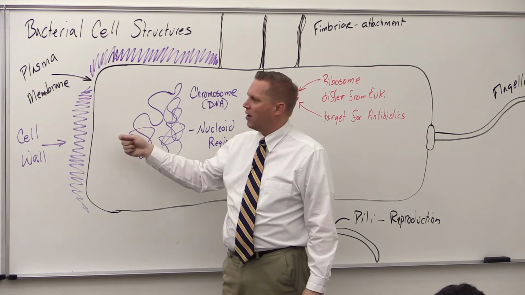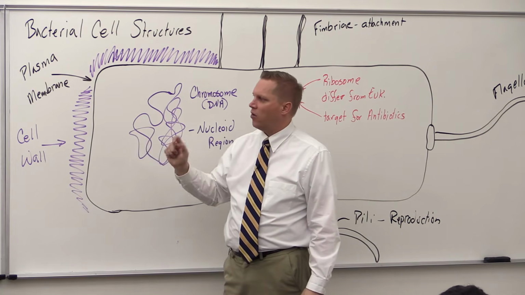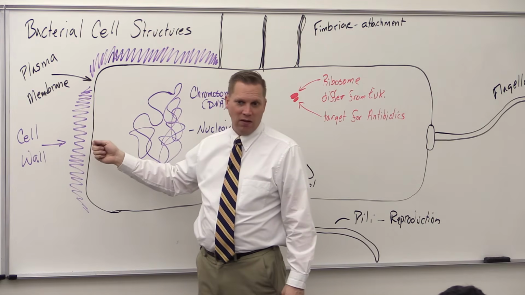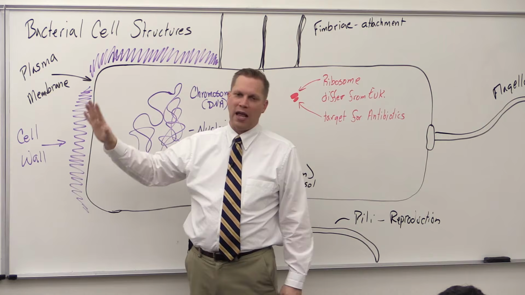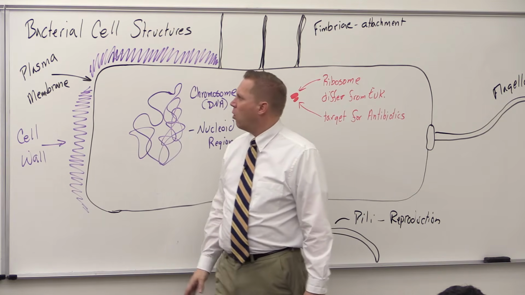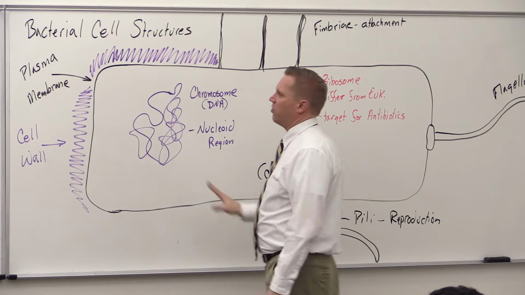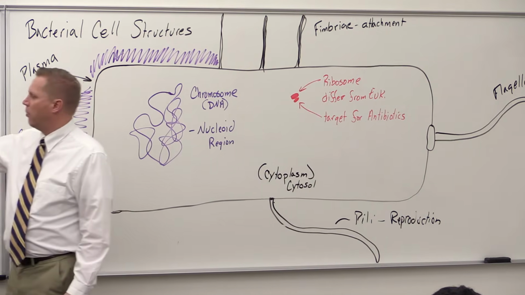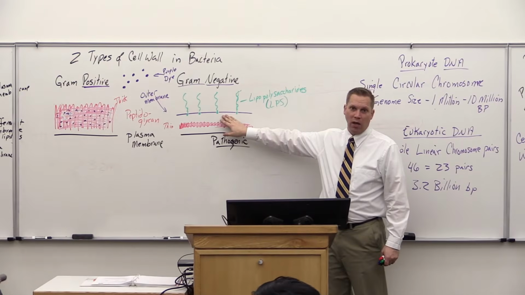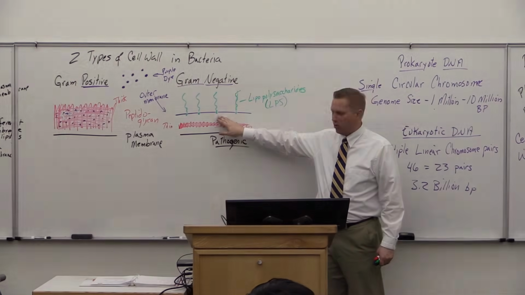So it might or might not stain depending on its characteristics, but it wouldn't have peptidoglycan in it. So when you looked at the cell wall, the archaea do not have peptidoglycan in it. So that's a little bit about the bacterial cell structures. We learned a little bit about the bacterial genome and about bacterial cell walls.